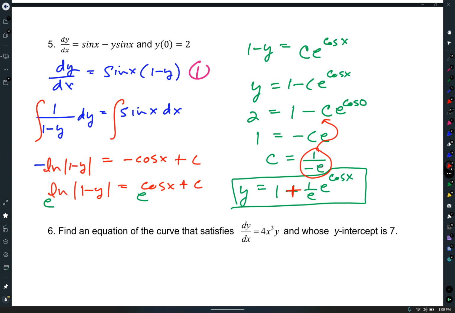If this had been multiple choice, and you certainly do not have to do this on free response, they probably would simplify this to be 1 plus e to the cosine x minus 1. Because isn't this the same as e to the negative 1 times e to the cosine x?